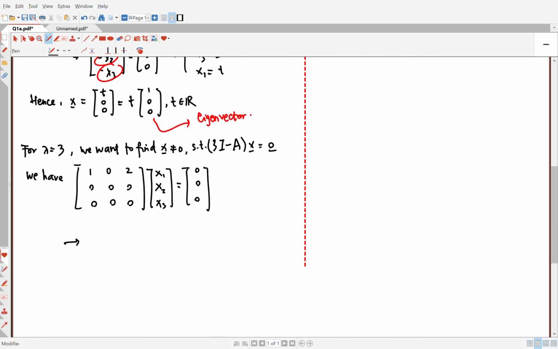This means I have x1 plus 2x3 equal to 0, and we don't care what my x2 is, so I can make it a free parameter. And no matter what my x3 is, I can find x1, so I can make x3 another free parameter.